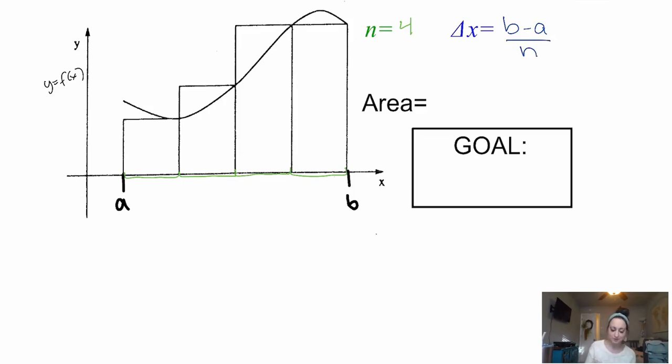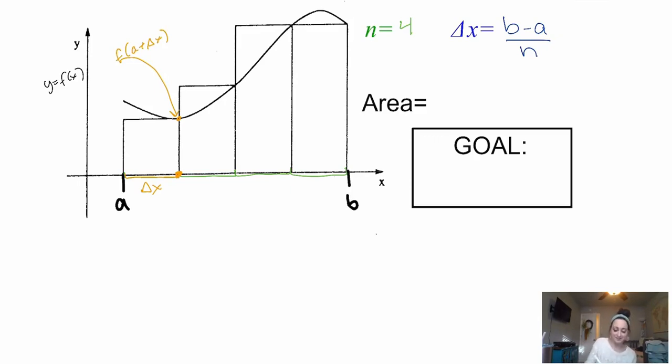So what I'm going to do is write the equation for each little area, and I'm going to add them up using sigma notation, okay? So this first one here, remember, this is a base, this is delta x, right? So would you agree that this x value right here is a plus delta x? Okay, so that means that this y value would be f of a plus delta x, right?